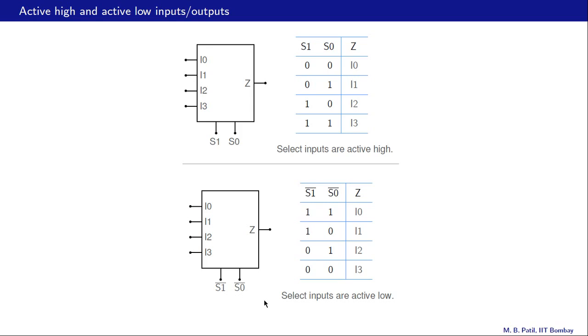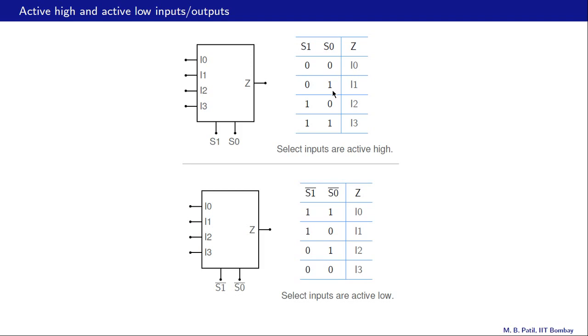Let us consider this second example, in which the select inputs are active low and they are denoted by S1 bar and S0 bar rather than S1 and S0 here. Now if S0 bar is 0 or low, then it is considered to be active. So for example, if S0 bar is 0 here, that corresponds to S0 equal to 1 in this table.